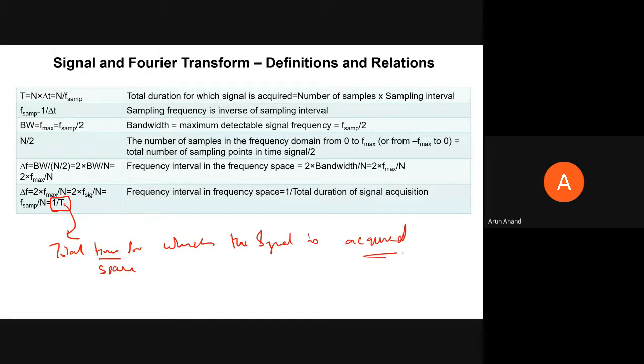For example, if you acquire for 1 second, then delta f is 1 by 1 second, that is 1 hertz. If you acquire for 10 seconds, the spacing in your frequency domain will be 0.1 hertz. So you will have better frequency resolution if you acquire the signal for more time. Am I clear? Yes, sir.